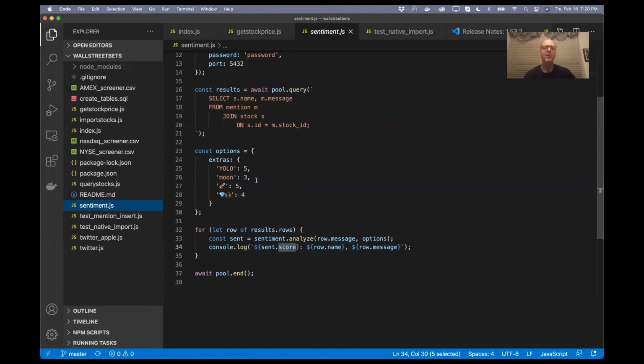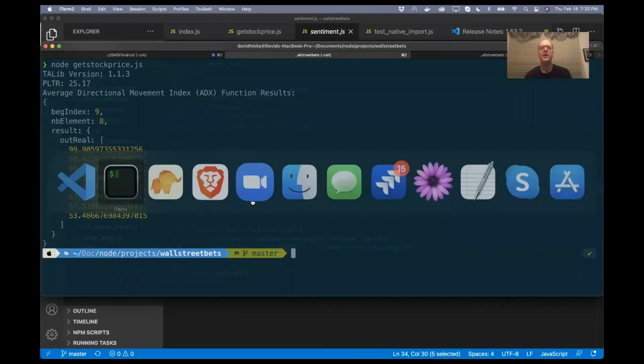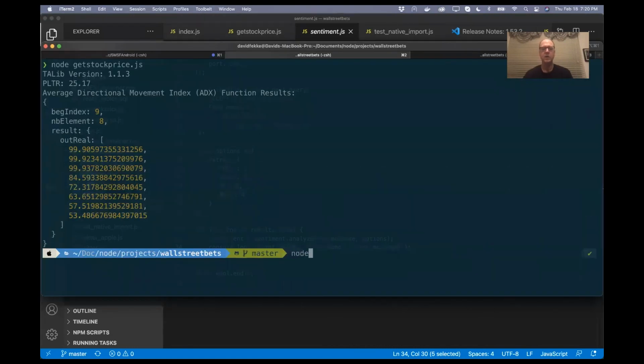One of the things I've also done is take the rocket and the diamond hands emojis and add them in there for sentiment. So if we see those, we're going to get a lot of additional sentiment. Let's go ahead and run that. We'll say node.